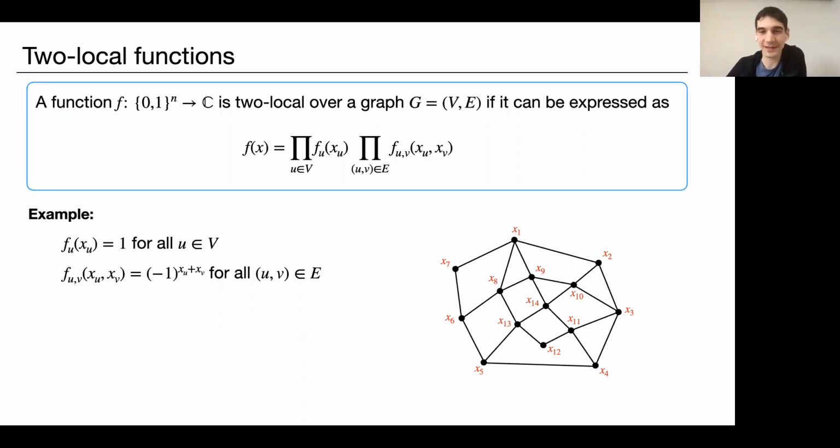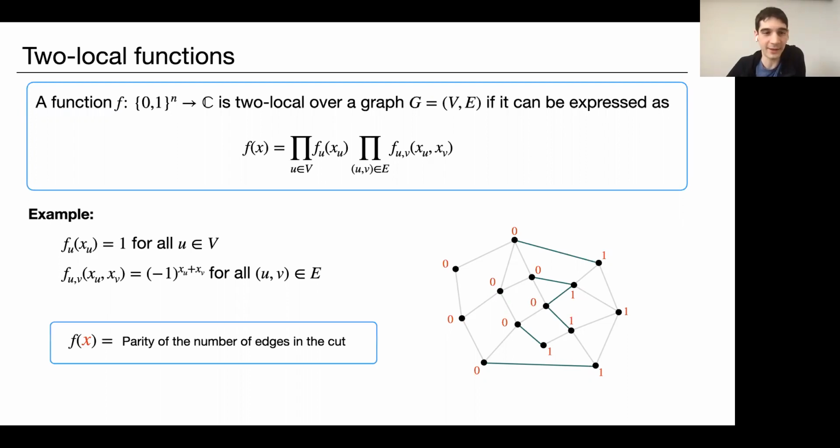If we look at some assignment x of 0s and 1s, then the only non-identity terms are those edges which go from a variable assigned 0 to a variable assigned 1. So this is inducing a kind of cut in the graph. And then it's simple to see that this two-local function is just computing the parity of the number of edges in the cut. This is a simplified example of a function that we'll see later, but it goes to show you that these two-local functions can capture some interesting things.